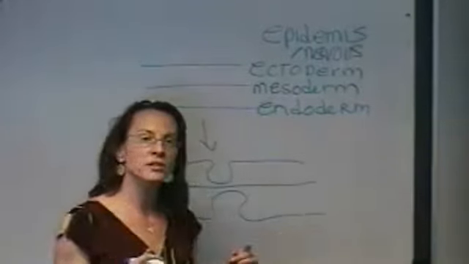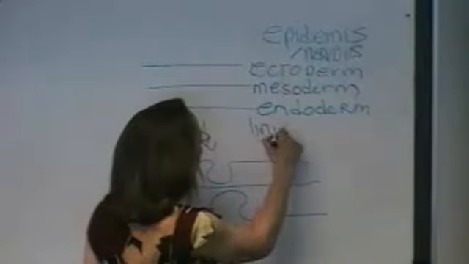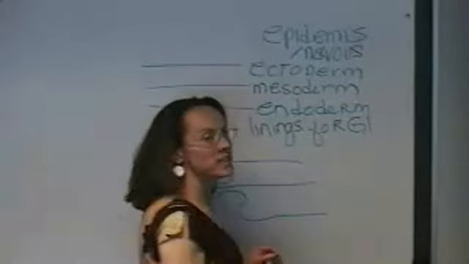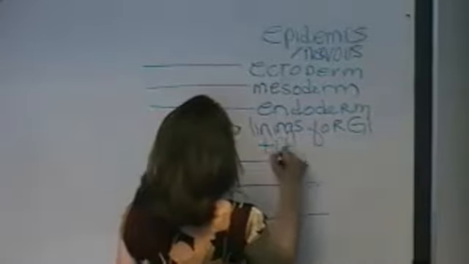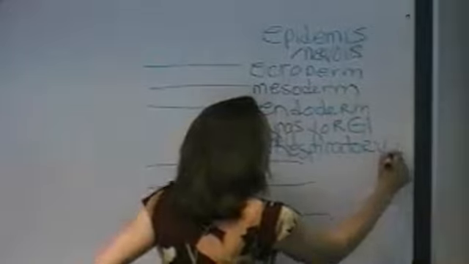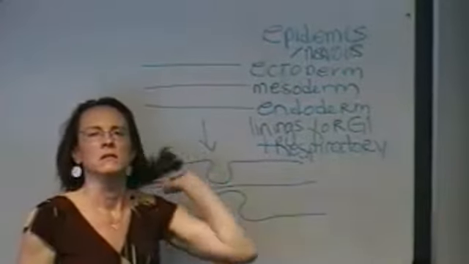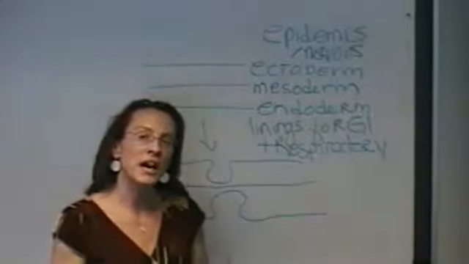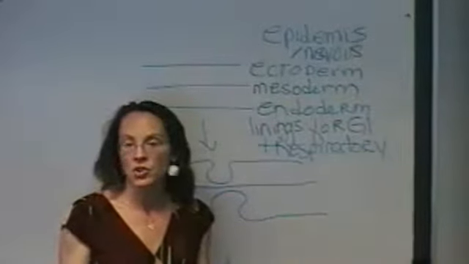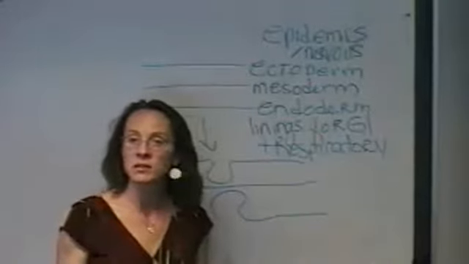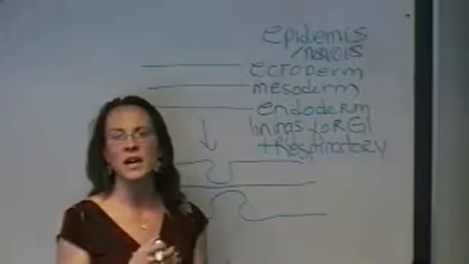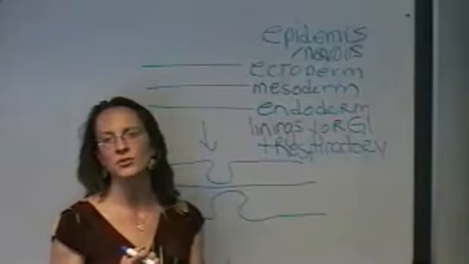The endoderm is going to form the linings for the gastrointestinal tract and respiratory tract. Okay. It's going to form the linings for the GI and the respiratory tract. Okay. Mesoderm is going to be everything else. It's going to be muscles, it's going to be the dermis of the skin, it's going to be the bulk of organs for the body. So just kind of giving you a generalized term, okay, for those 3 layers.